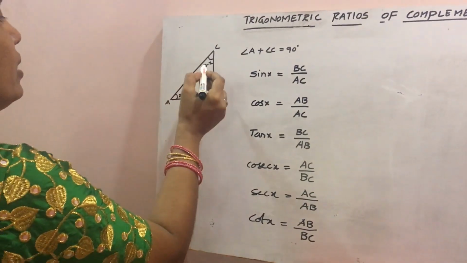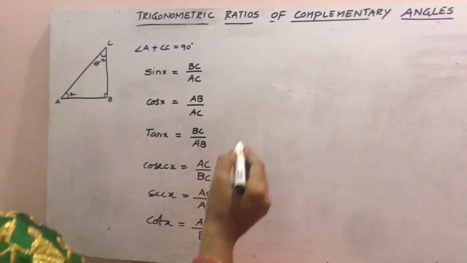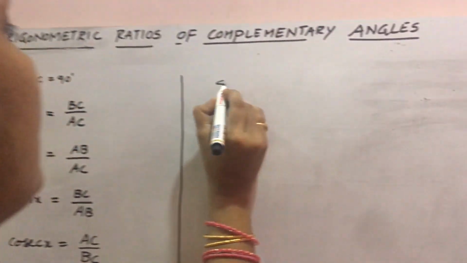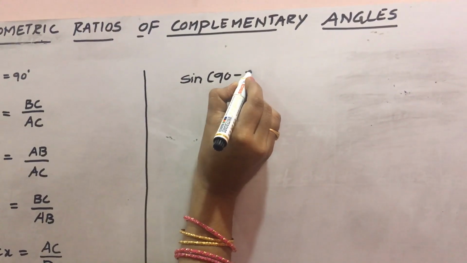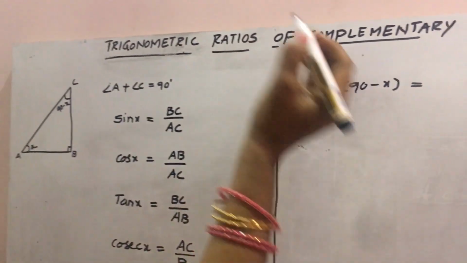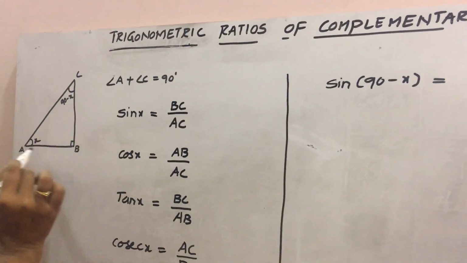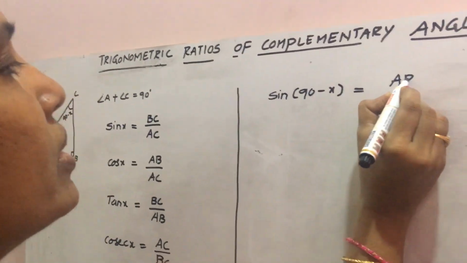Let us see trigonometric ratios for an angle 90 minus X. Sin 90 minus X is equal to, what is the definition of sin X? Opposite side to 90 minus X by hypotenuse. What is opposite side to 90 minus X? AB. AB by hypotenuse is AC.